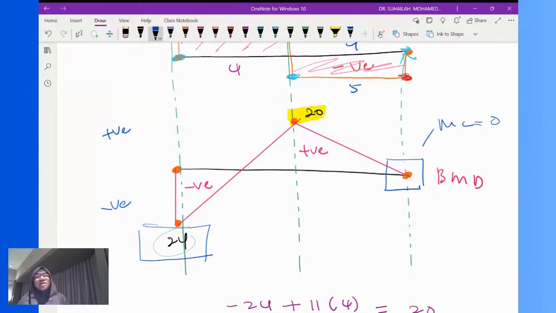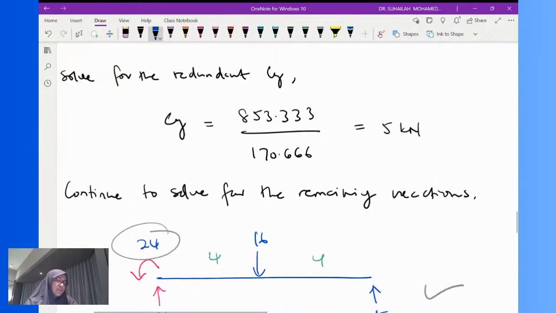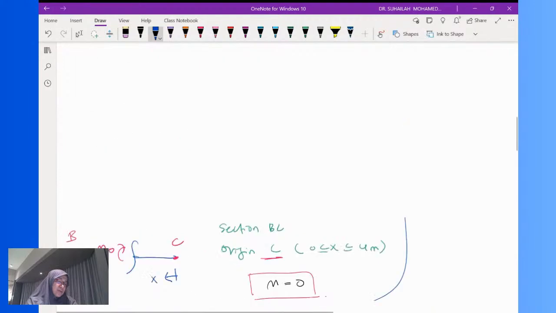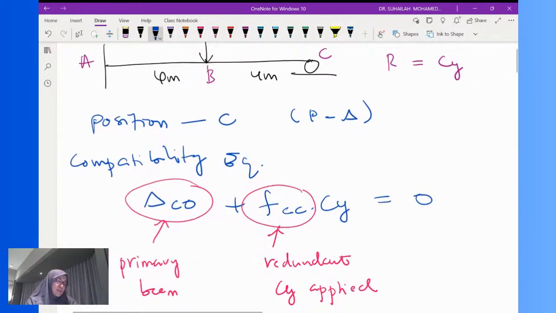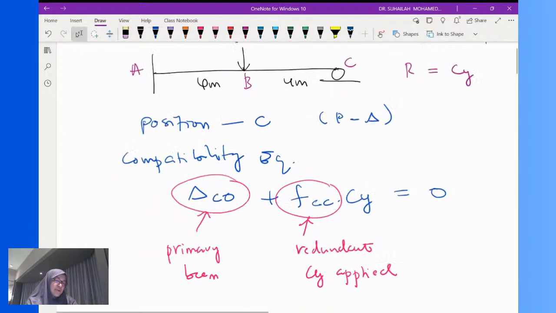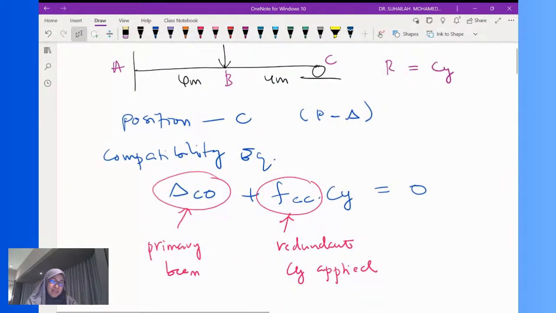So this is how to analyze a simple indeterminate beam to the first degree of indeterminacy, one redundant. Most important is, from the redundant chosen, we should be able to write the compatibility equation, because it will guide us on the next step.